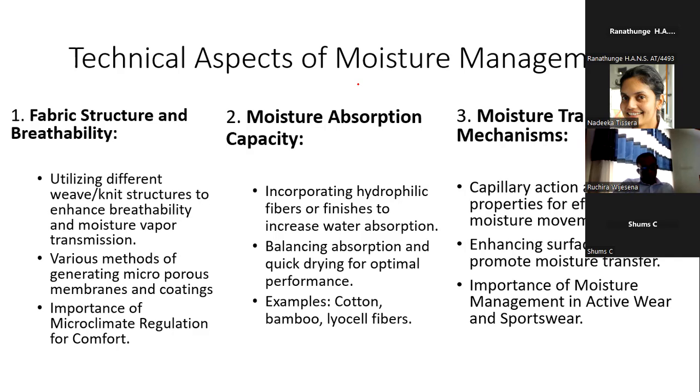Therefore, the evaporation is optimized. So that is what the surface energy refers to. All these factors are interconnected. The way that we improve moisture management can happen through different mechanisms by incorporating different physical models. I hope I explained it correctly.